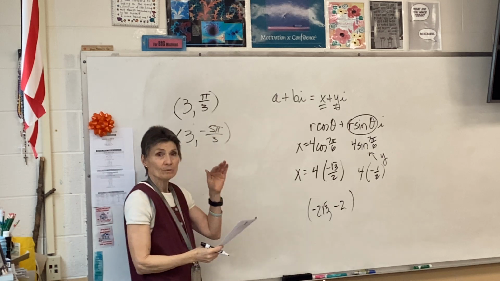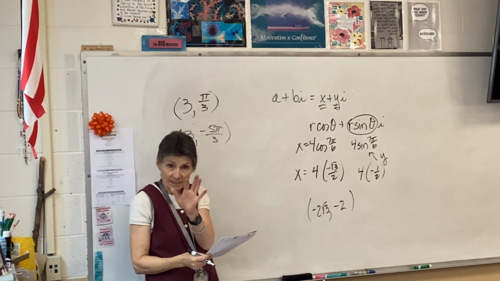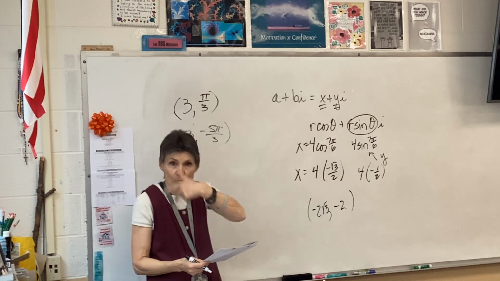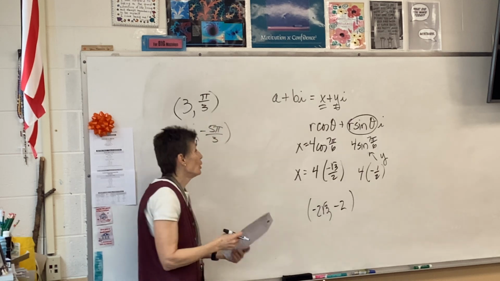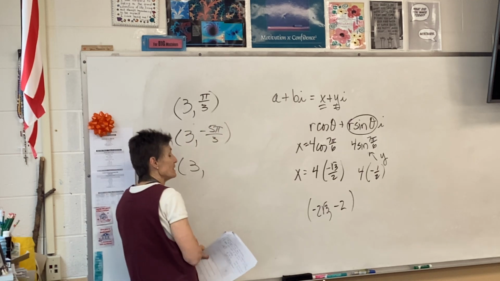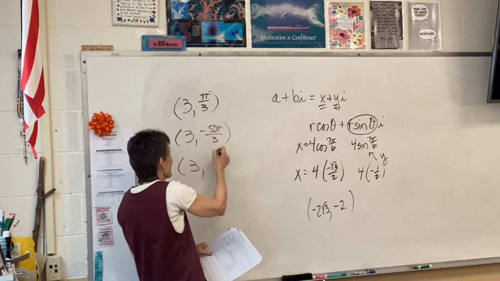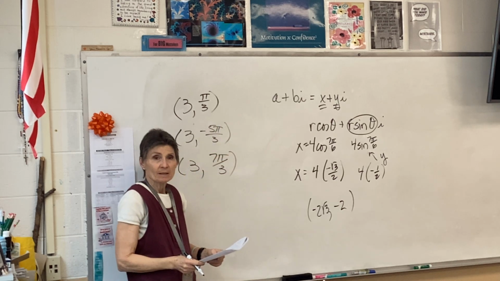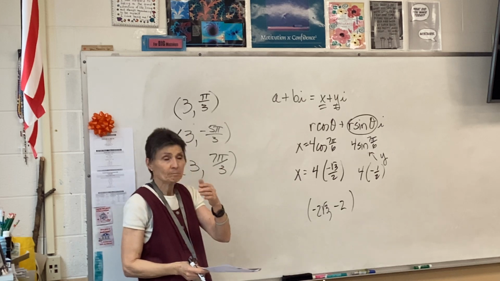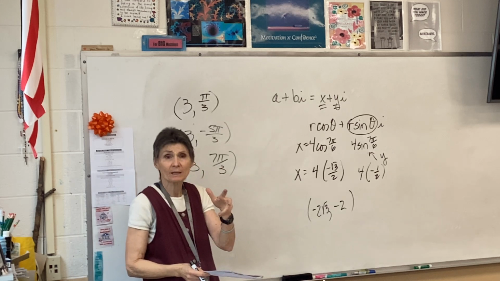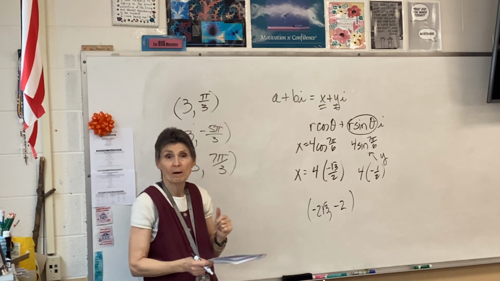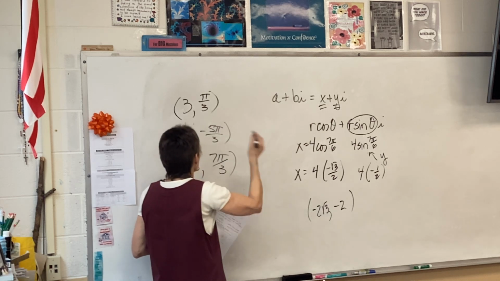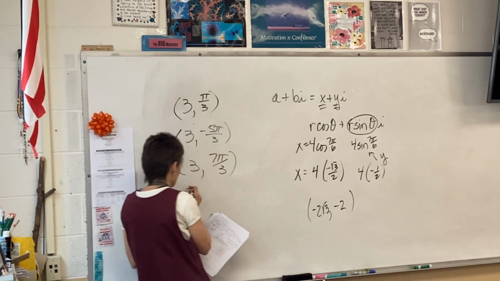Now, what did I do? I left my radius the same, subtracted 2 pi. Could I have left the radius the same and added 2 pi? Absolutely. If you're going to leave your radius the same, you're finding coterminal angles, you're going to add and subtract 2 pi. Now, what if I decide to change my radius?